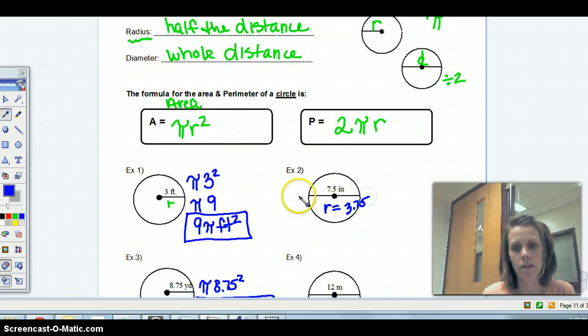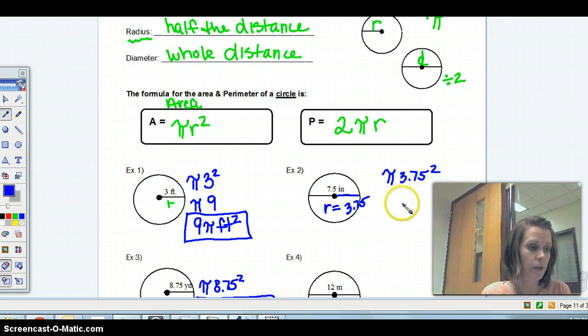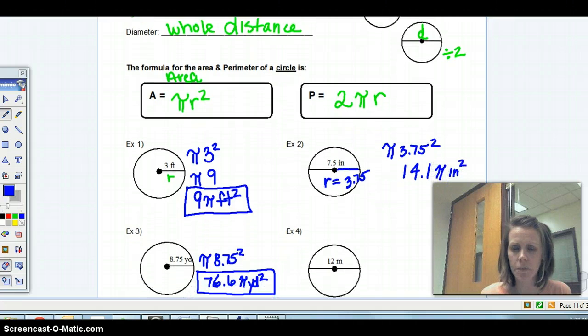If the whole distance across is 7.5, halfway across is going to be 3.75. So now we can plug that into our formula, pi 3.75 squared, and that would give you 14.1 pi inches squared. Got it?